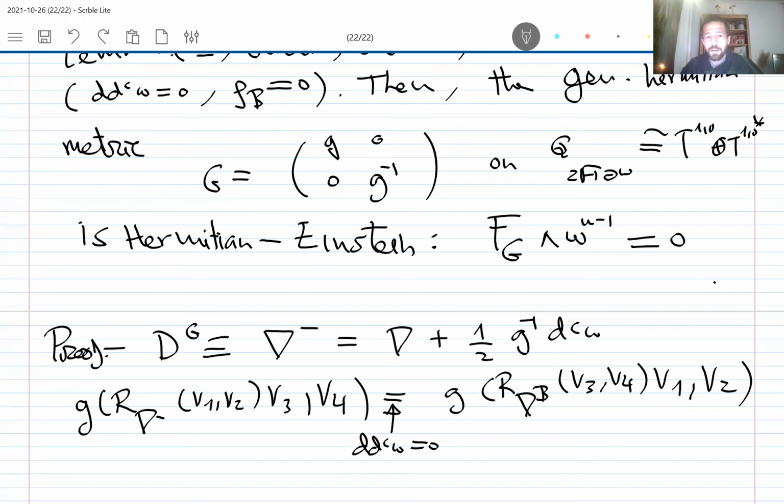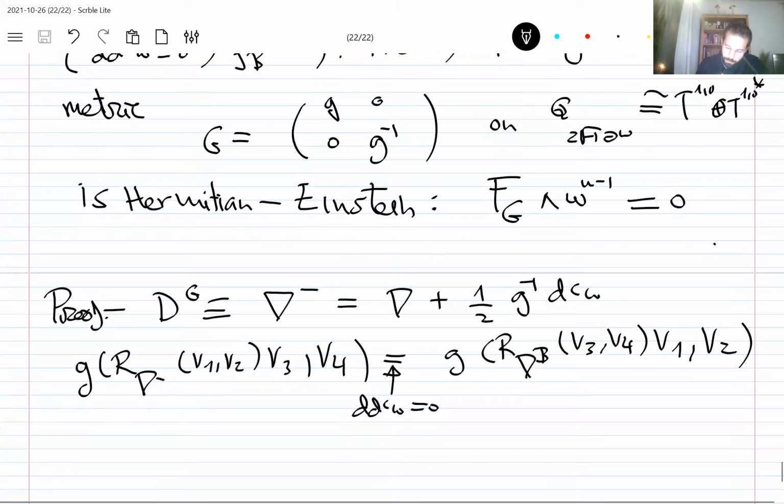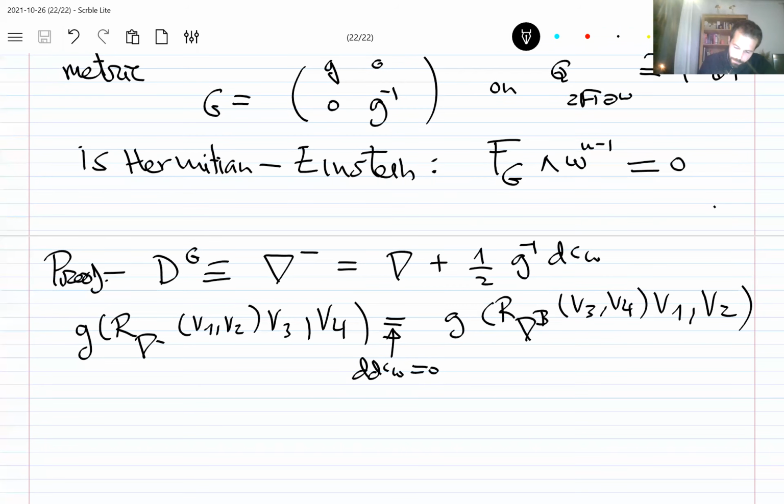But here we have connections with torsion, but the torsion is closed. And then we have this natural symmetry between the two entries. Okay, so the proof from this identity now follows by definition of the Bismuth-Ricci form.